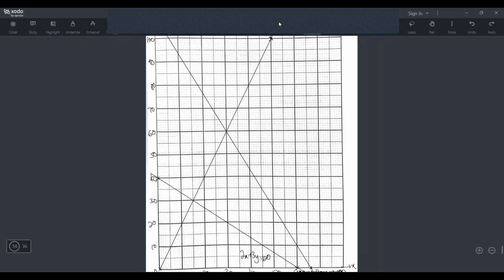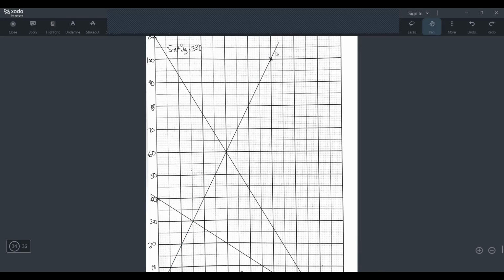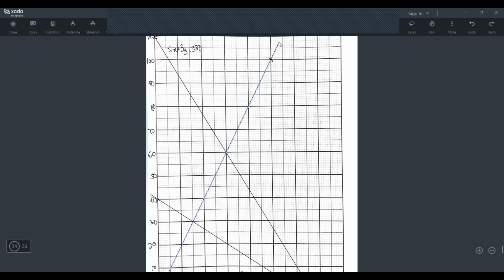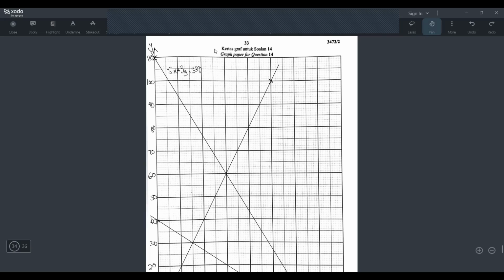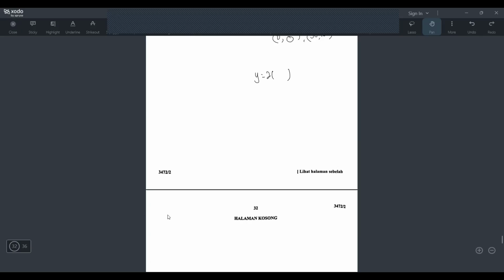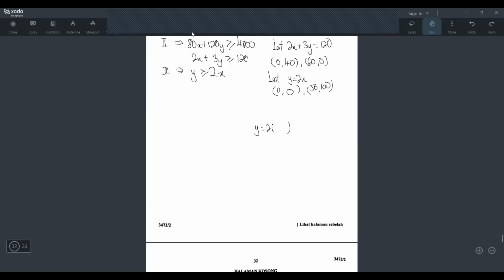Let me adjust. Okay, like this. All right, so this equation is y equals 2x. Just make sure. Okay, correct. No problem.